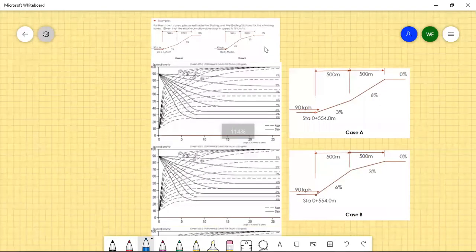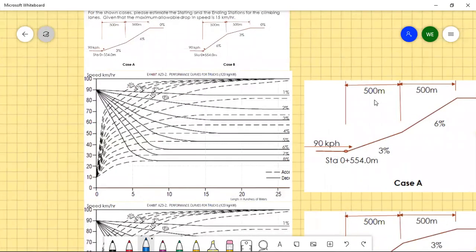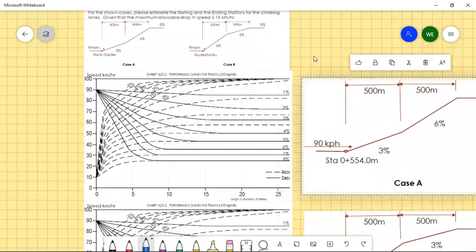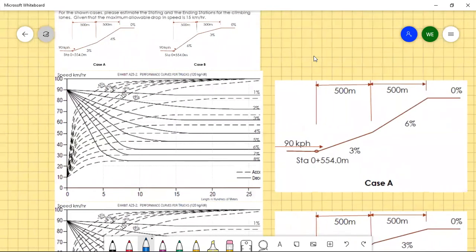So this is our example, and this is our case A. In case A, the entry speed here is 90 kilometers per hour. Okay, so the first distance is going to drive for 500. Here the horizontal axis is the distance in hundreds of meters. So basically we are going to keep driving on until we reach that point.